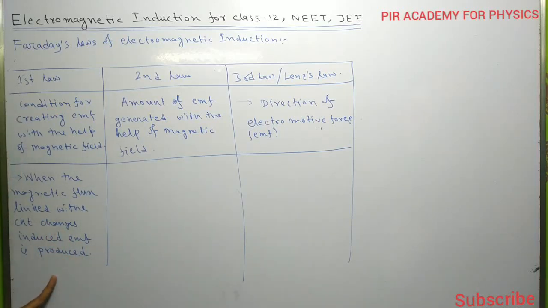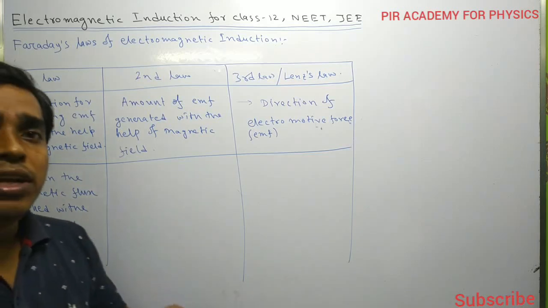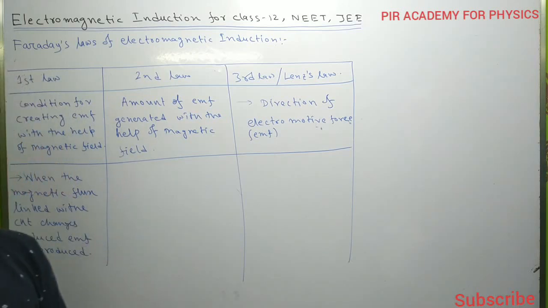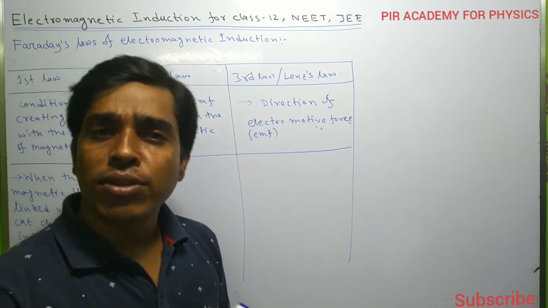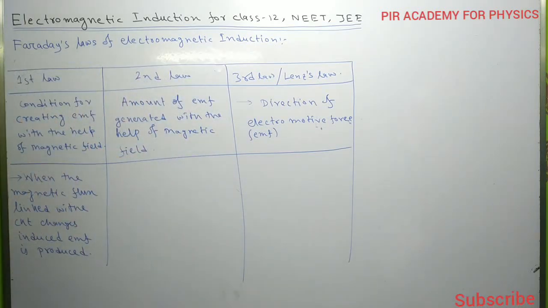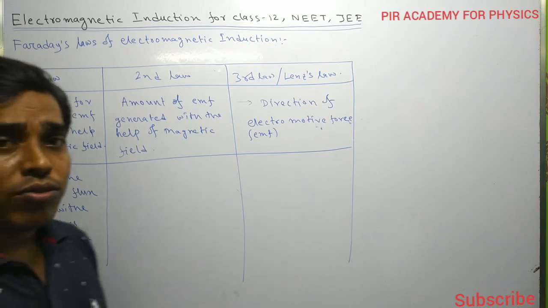This is the condition. That means you have to change the magnetic flux linked with this circuit. If you change the magnetic flux linked with the circuit, then induced EMF will be produced.